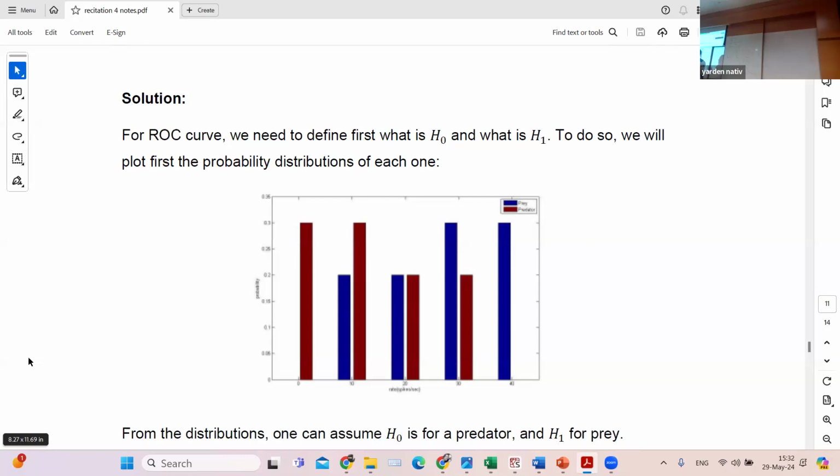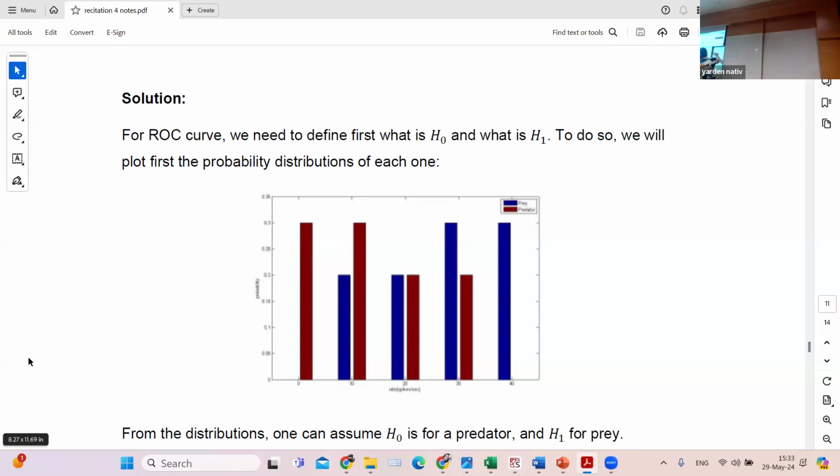how much of the blue distribution is on my right? What percentage? 100. Therefore, the true positive for Z equals 0 is 1.